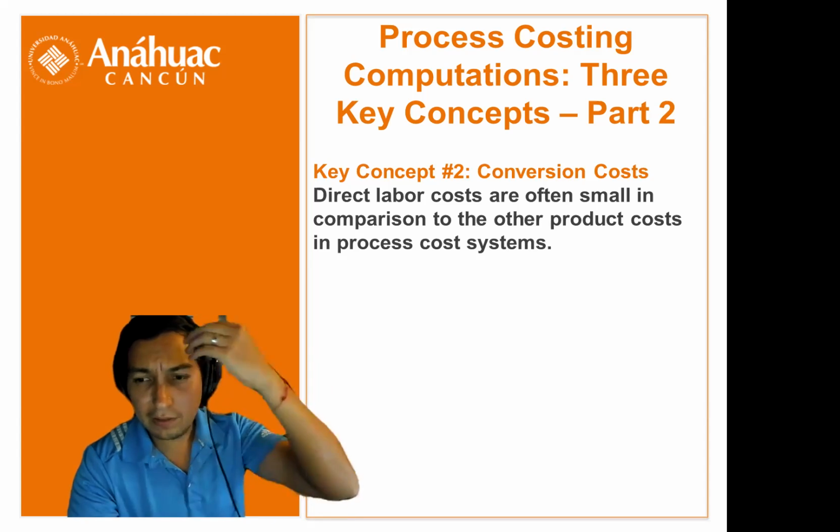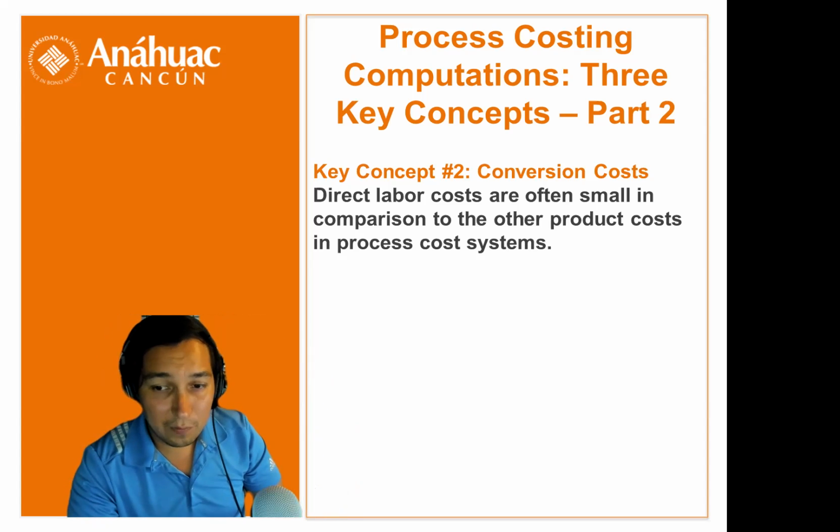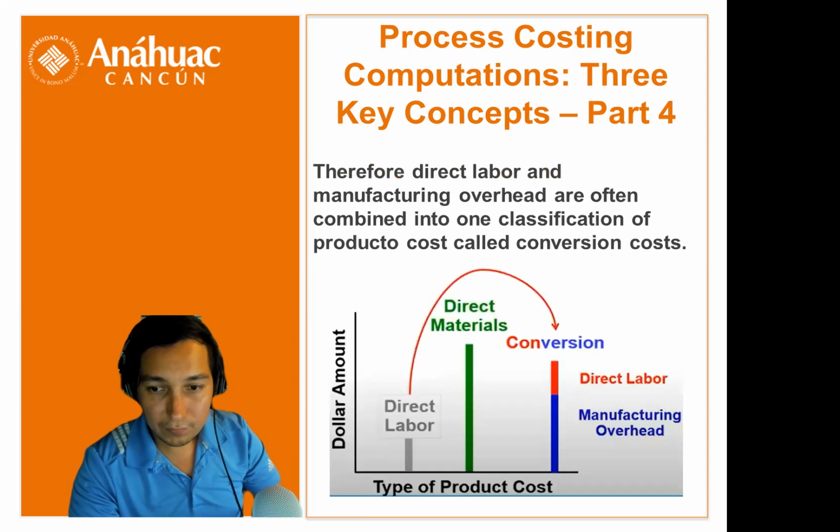That makes sense, because the type of environment where we use process costing is probably heavily automated or mechanized, or done by machines. So with direct labor being relatively small, oftentimes we're going to take our direct labor and just add it right into our manufacturing overhead.